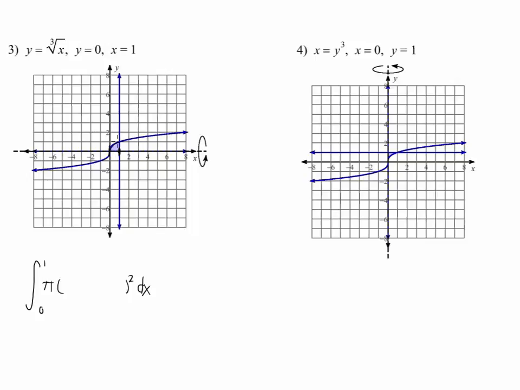And this is going to be the, let's use a different color. So we're doing, here's my top, and there's my bottom. So the top equation is going to be this cubed root of x. So I'm going to do x to the 1/3, okay, minus my axis of rotation, which is 0.